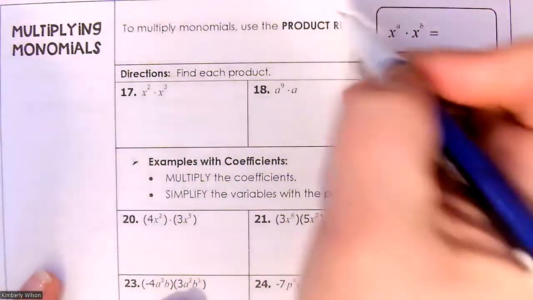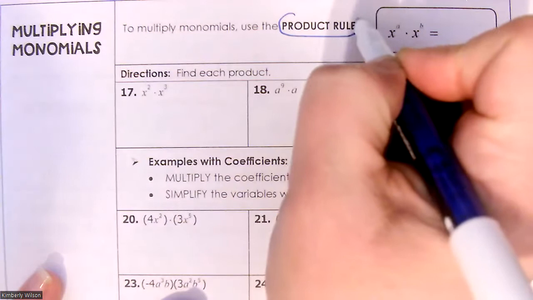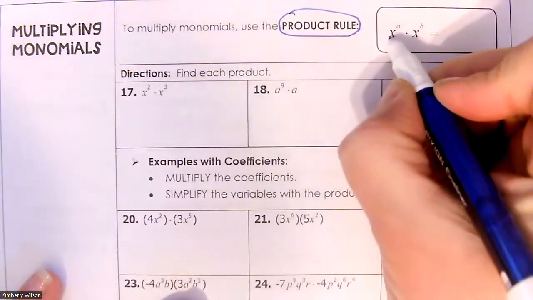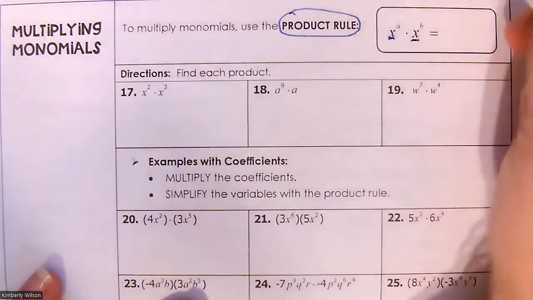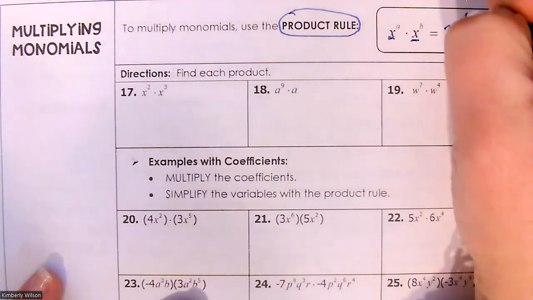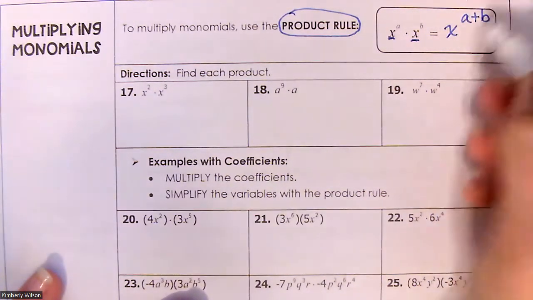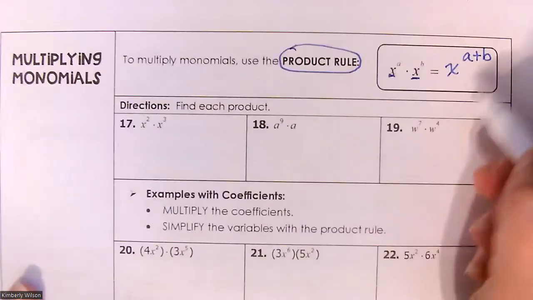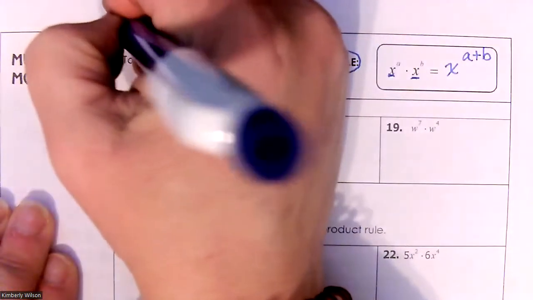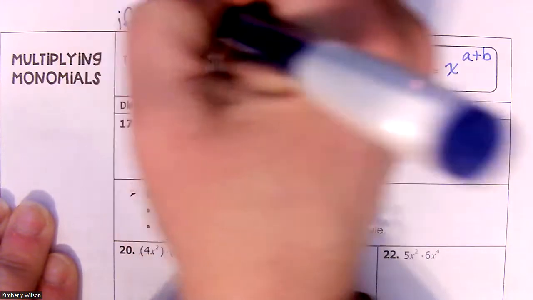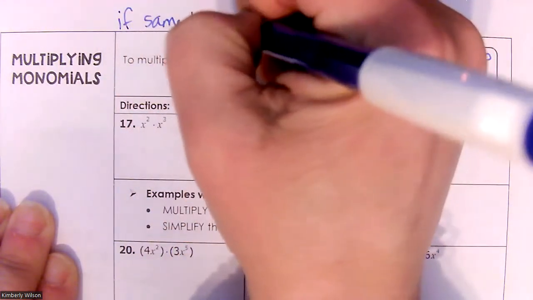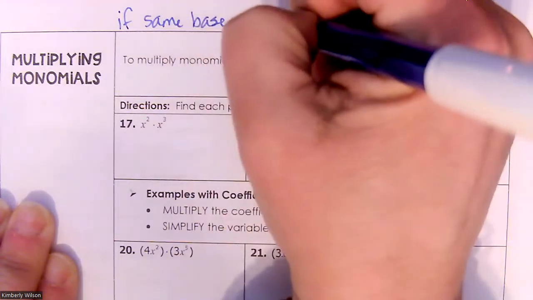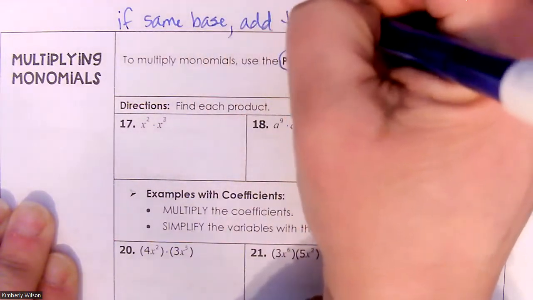So the product rule is when it has the same base, which is the x, then I add the exponents, only if it has the same base. Okay, so if same base, add the exponents.